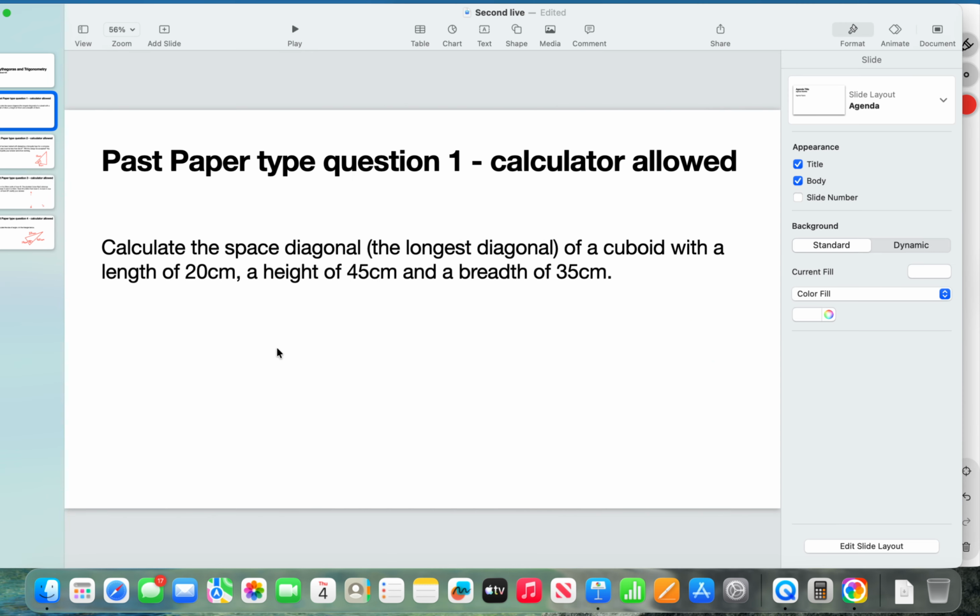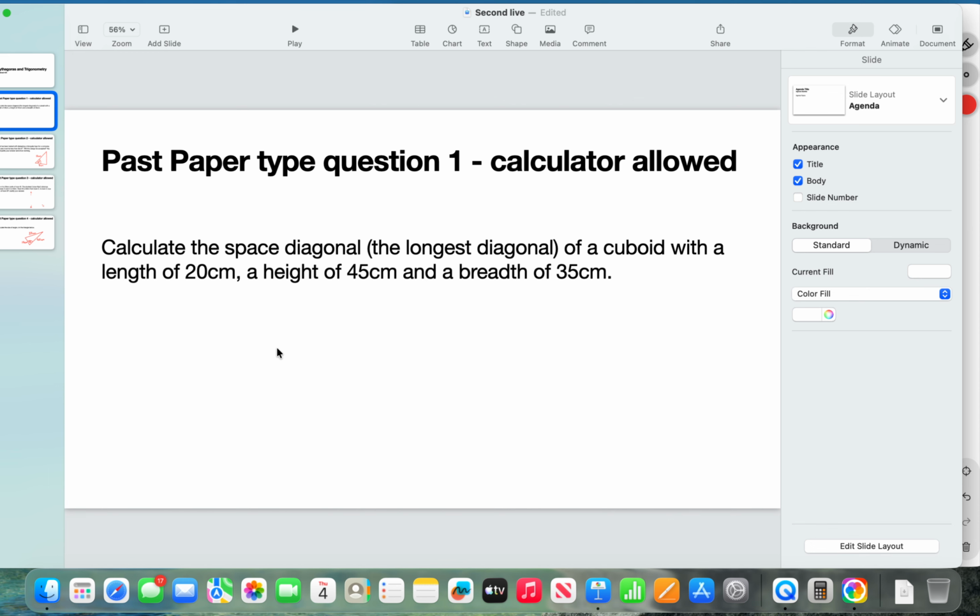There was no specification of rounding, so it's just up to your judgment. But you generally shouldn't be penalised for using too many decimal places or significant figures unless the question specifies.